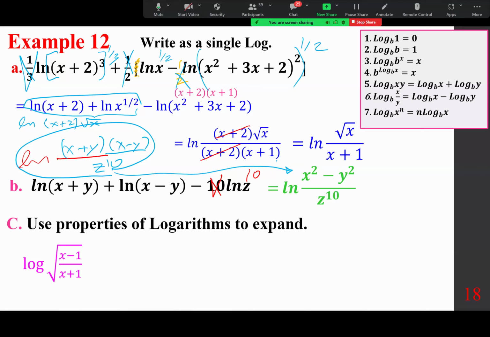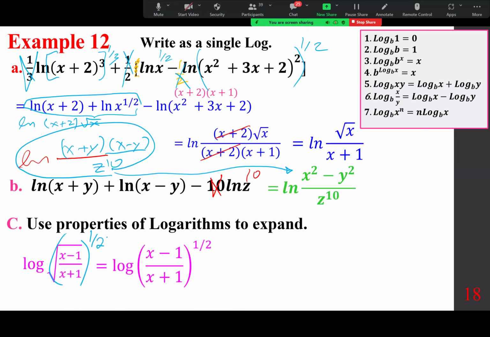Now we want to go the reverse process. We want to expand it, okay? So either you put them together as a single log or you expand it. In order to expand this, you need to get rid of the square root and write it to the power of 1/2 first.